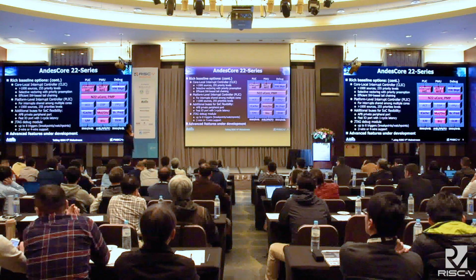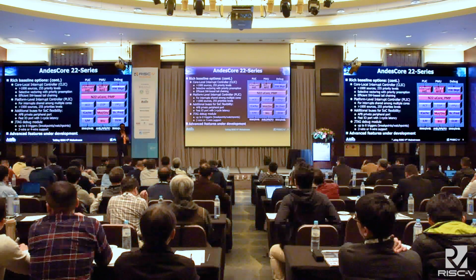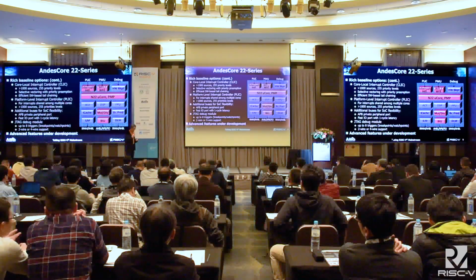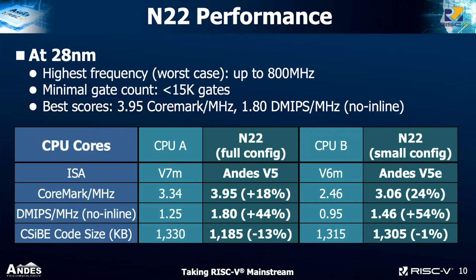And other advanced features like PSP, FPU, and ACE for custom extension are on the way. So here we should look at some performance. Earlier I mentioned that at 28 nanometer, the frequency can go up to 800 megahertz on some configurations. And the minimum gate count is less than 15K gates, which actually can be smaller.